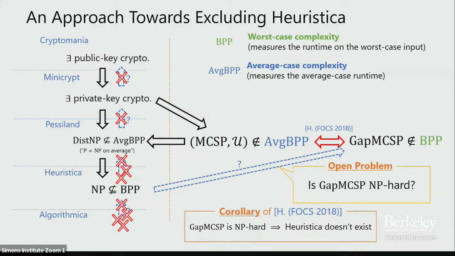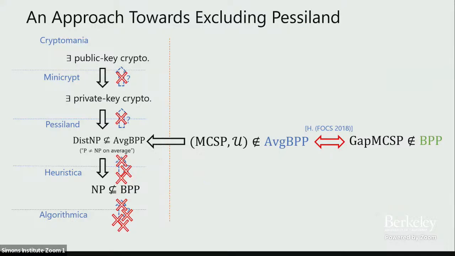Okay, now let me talk about approaches towards eliminating Pessiland. As you have heard in the morning, a recent very influential result by Liu and Pass characterized the existence of one-way functions by the average case hardness of min-KT.